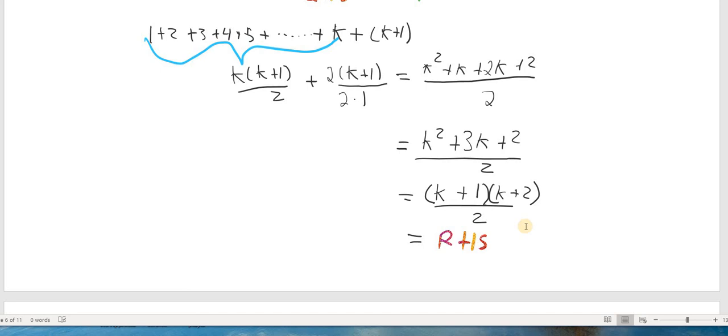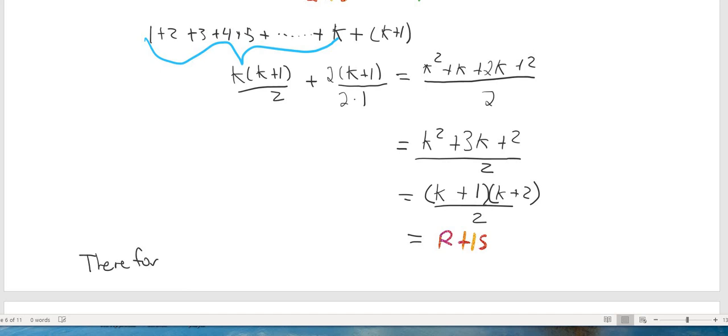So if you want to finish this off officially, because we want to write it the right way, I didn't do this in the previous problem, but to make it official, you could.